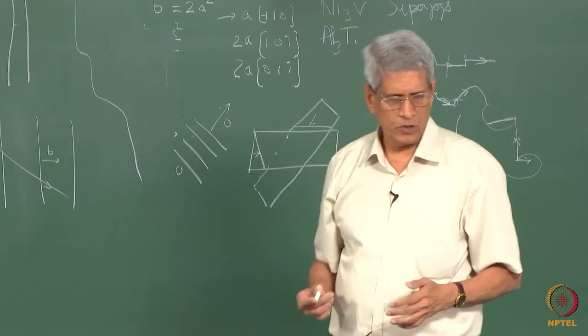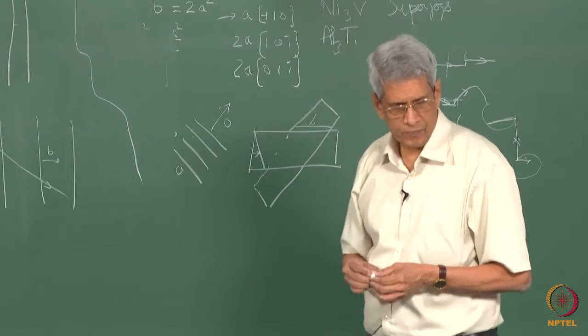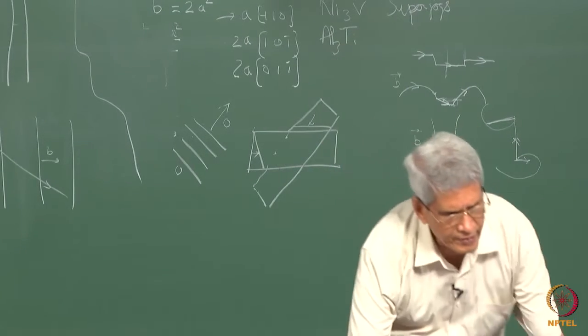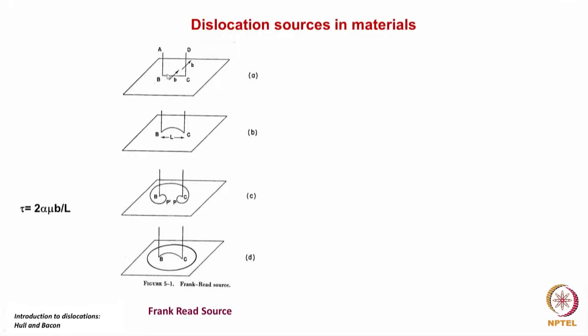Here what is being assumed is that a segment of the dislocation line, that is BC, is in the slip plane, and AB and CD are out of the slip plane. If we apply a stress, with the Burgers vector in this direction, this is being pinned, and under the action of the stress the dislocation will like to bend, correct?